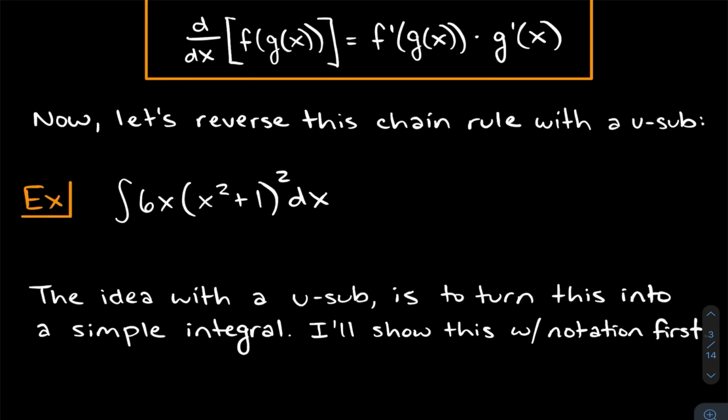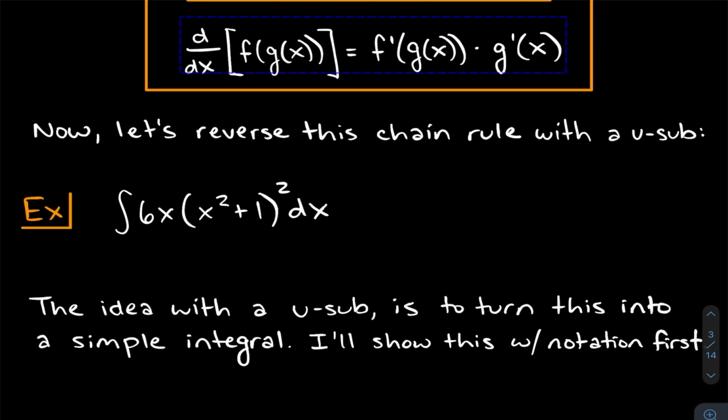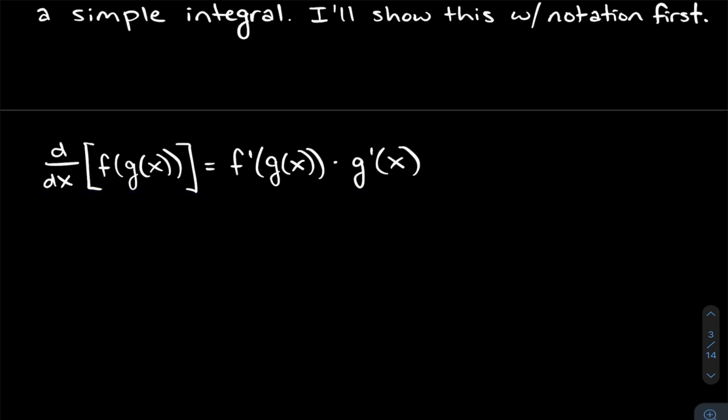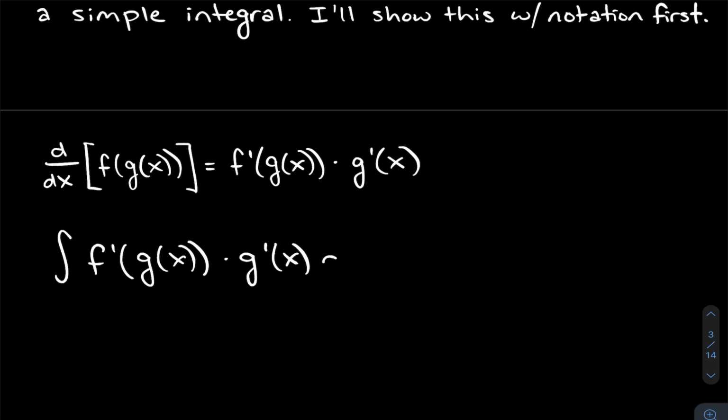So remember that this was the chain rule notation. And so how do we reverse this thing? Well, what we're going to do is set up this integral. And we're going to do exactly what I was just talking about.